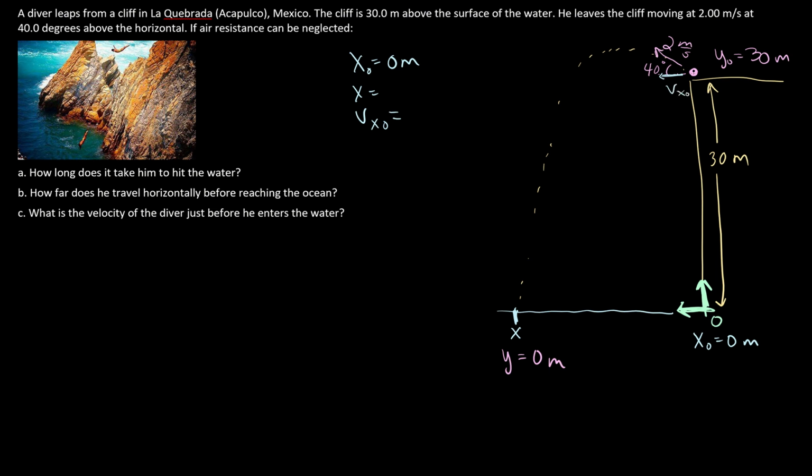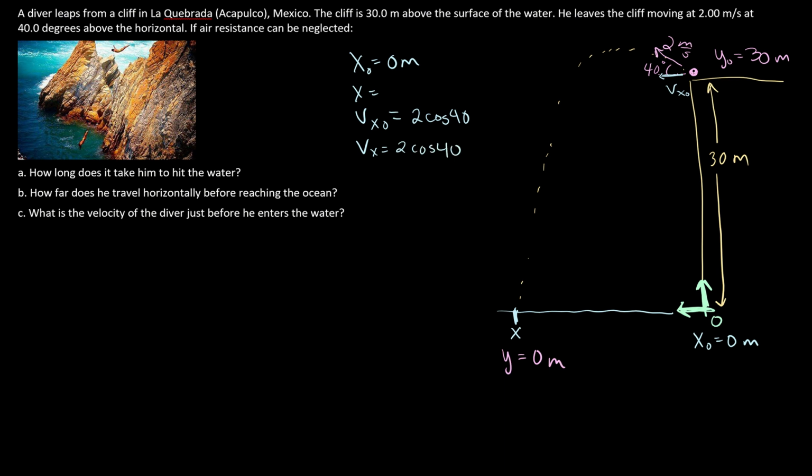That is adjacent to the 40-degree angle. My hypotenuse would be the 2 meters per second. So I'm going to use cosine, and my initial x velocity is going to be 2 cosine 40. Because air resistance can be neglected, I know that I have a 0 acceleration in the x, so that means my vx is also 2 cosine 40.